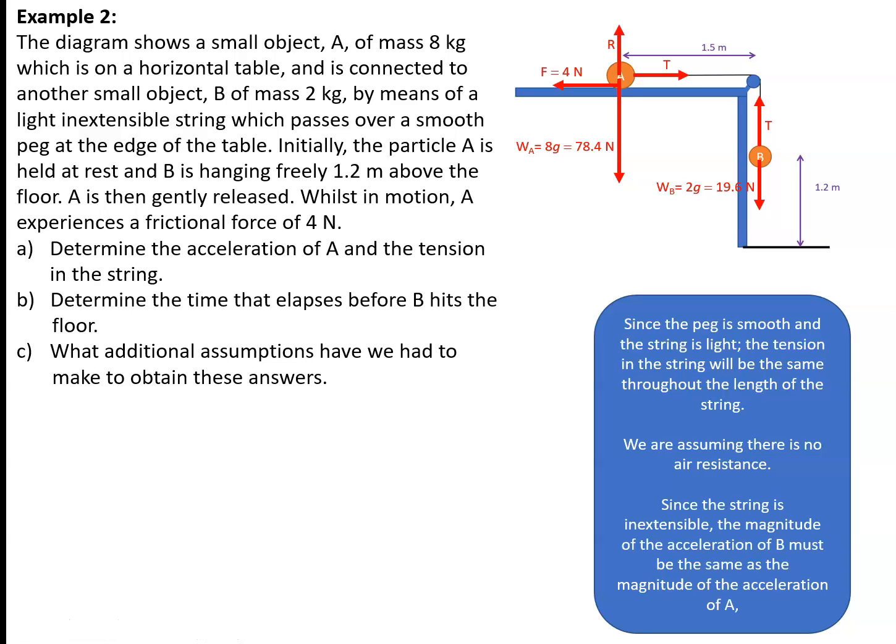Since the string is inextensible, and we're told that in the question, if A moves a meter towards the peg, then B moves a meter down.